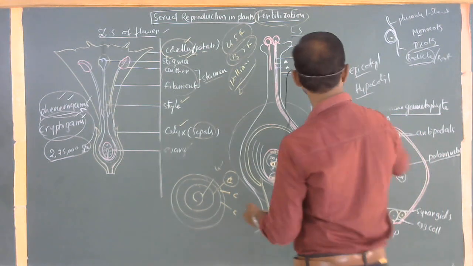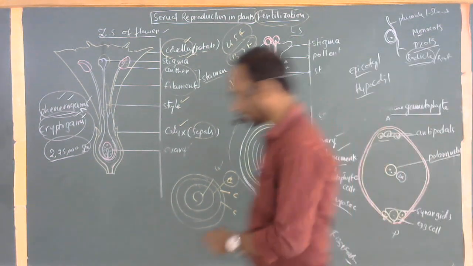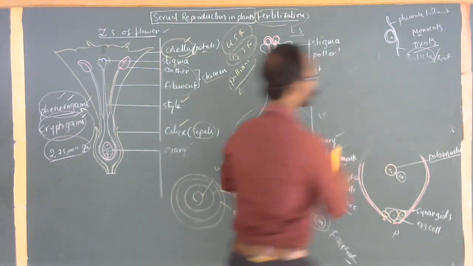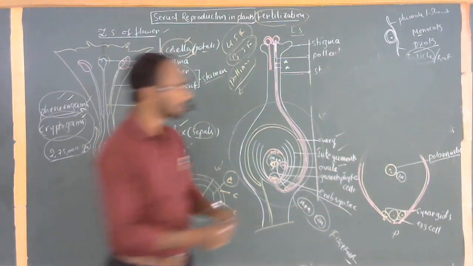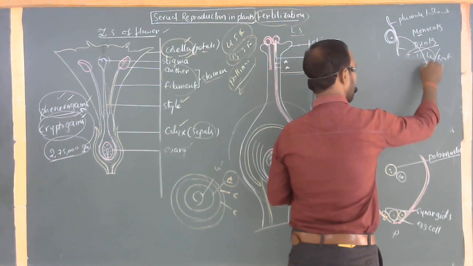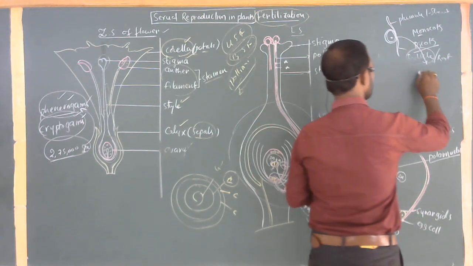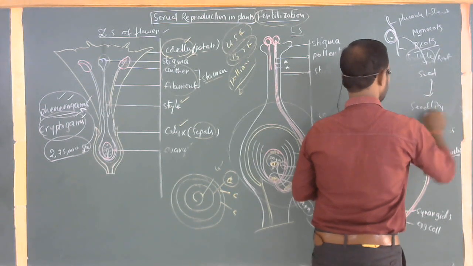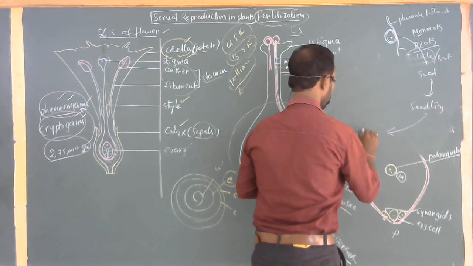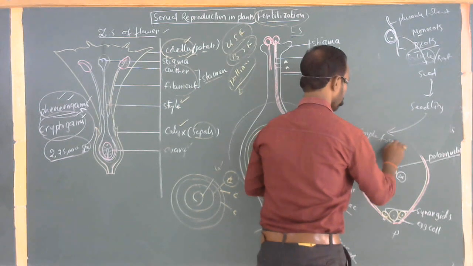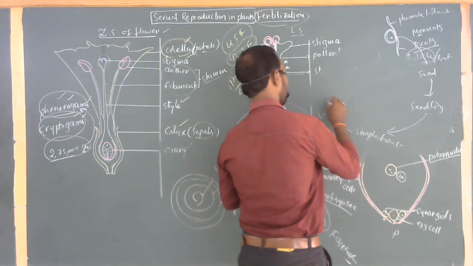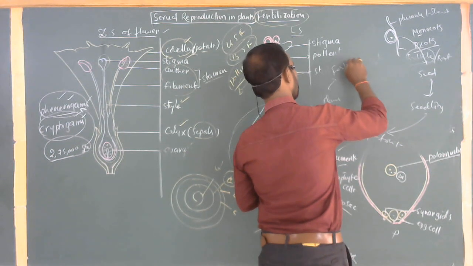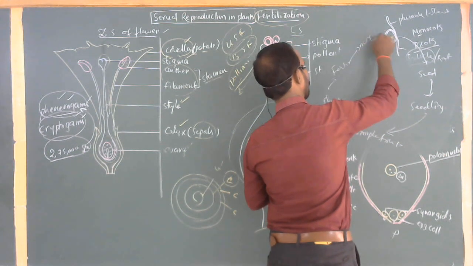After formation of this embryo, then seed, then seedling, then the simple fruit, and once again the flower, then fertilization, then the mature plant.